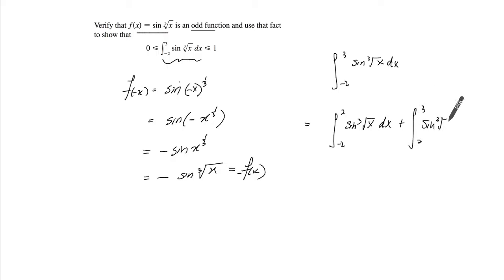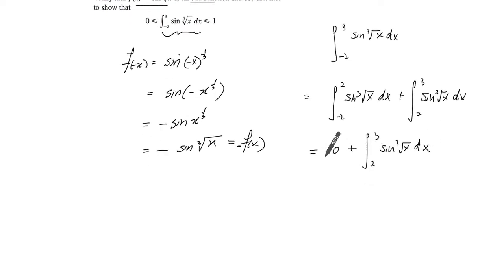If it's an odd function, okay, so this right here is going to equal this by integral properties. This is true for all functions, provided it's continuous in the interval.